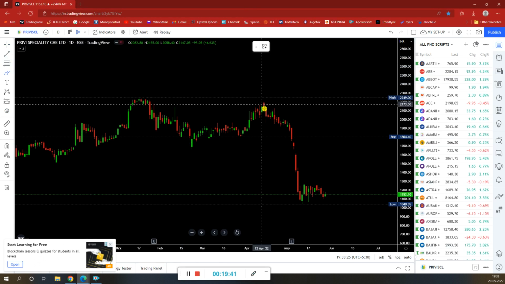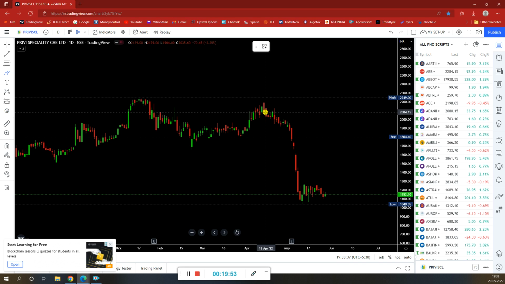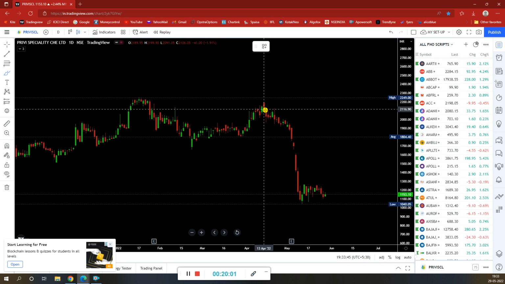Look at the closing when I keep the cursor on this. 21.47 was the closing, and this stock opened at 21.89, and it went up to 21.99, just approximately 10 paise up, and it fell from here. So after opening, the stock fell.